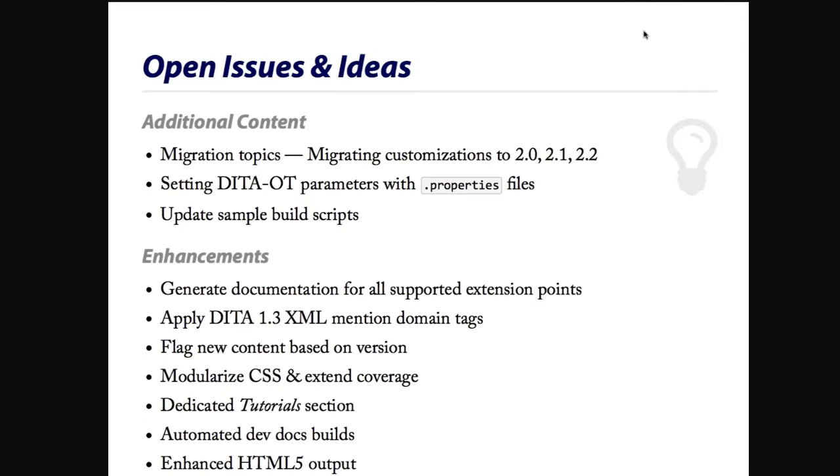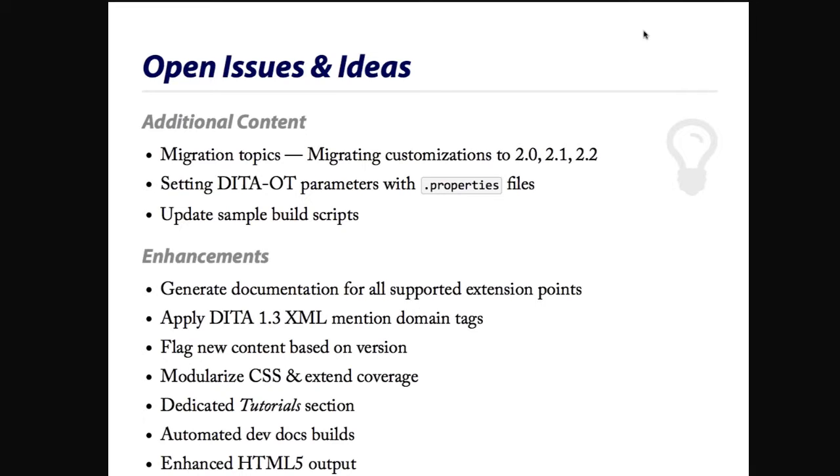In DITA 1.3, in the upcoming specification, the XML Mention domain has been added, and many people are excited about that. And of course, in the DITA-OT documentation, we make reference to all sorts of XML elements and attributes and things like that. So in new content, I've been using that over the past couple of months where XML things are mentioned, but I have not yet gone through the entire toolkit documentation to do that.